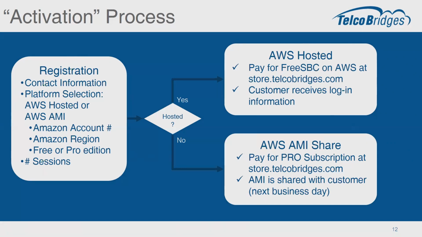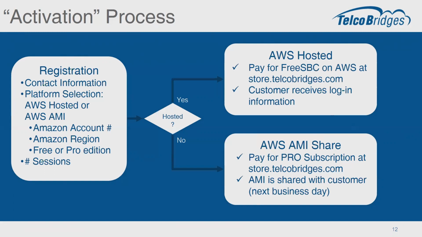The AWS hosted platform has a fixed cost, and you need to pay for that. After that, our support group will initiate an instance for you, and you will receive information on how to log in to this system and start using it. So that's a fairly quick way to start using AWS.